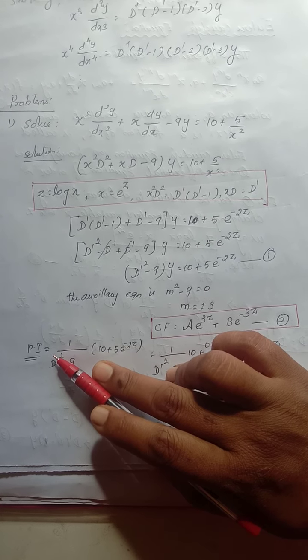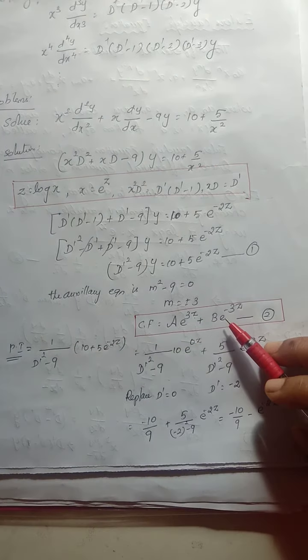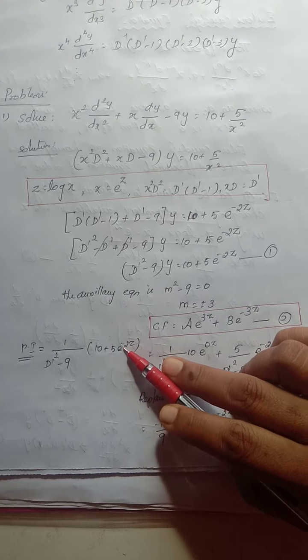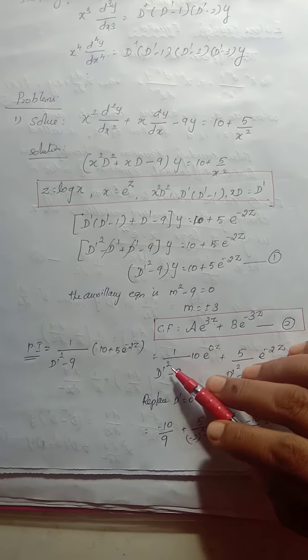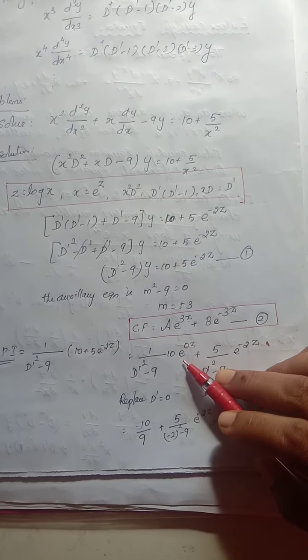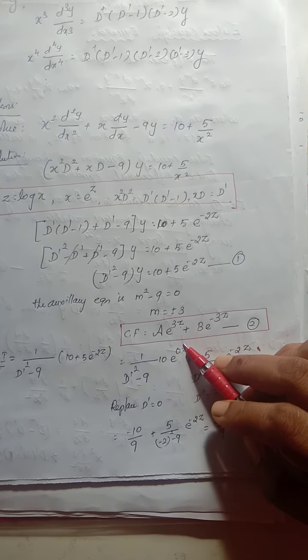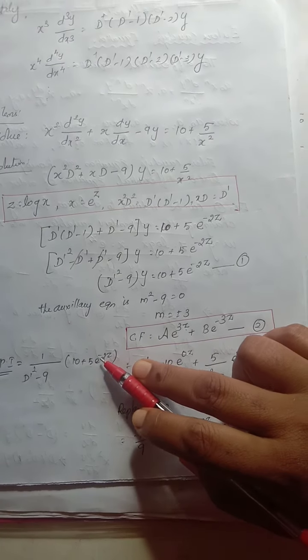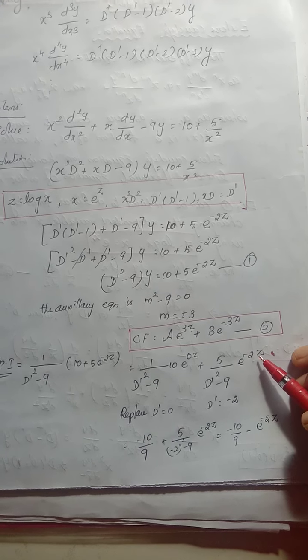To find the particular integral, it is 1 divided by d dash squared minus 9 into this term, that is 10 plus 5 e power minus 2z. You separate this into two particular integrals, multiplying 10 by e power 0z, that is 1, plus the next term 5 divided by this term into e power minus 2z.